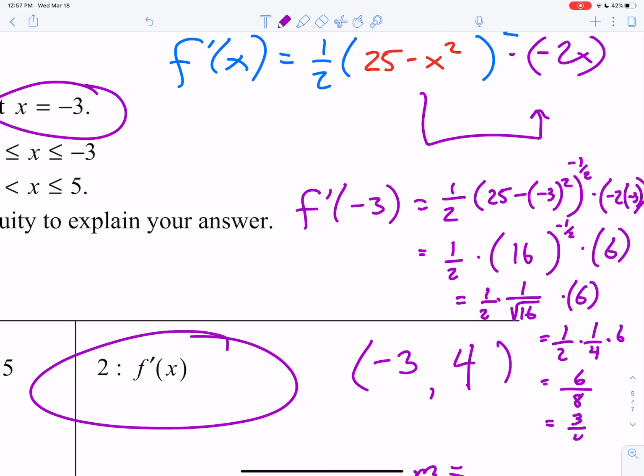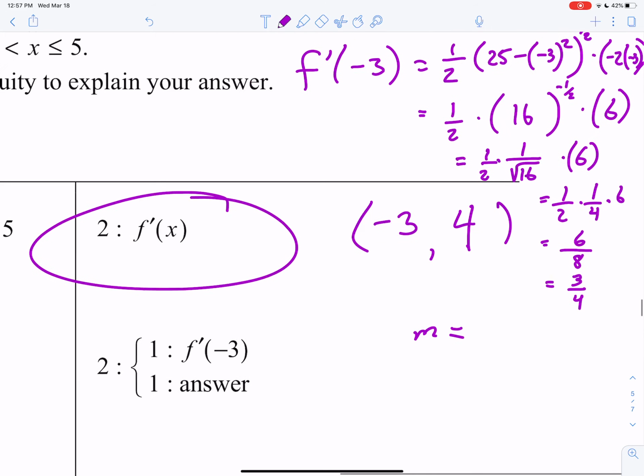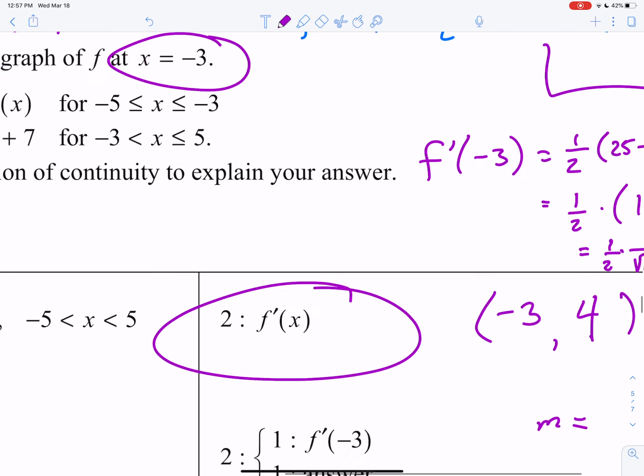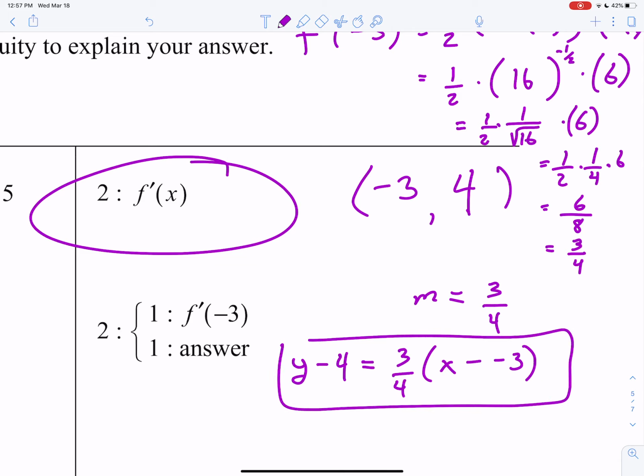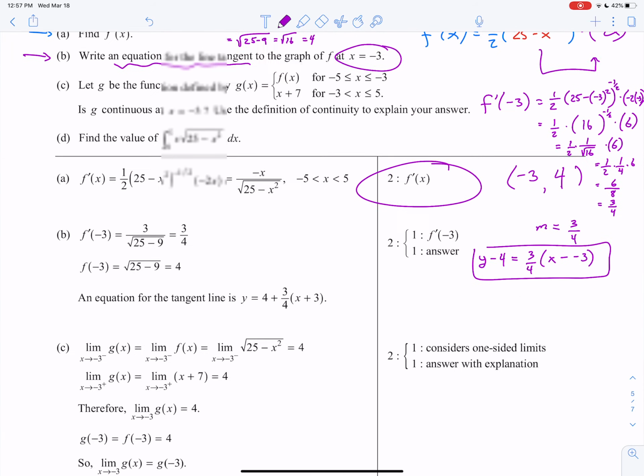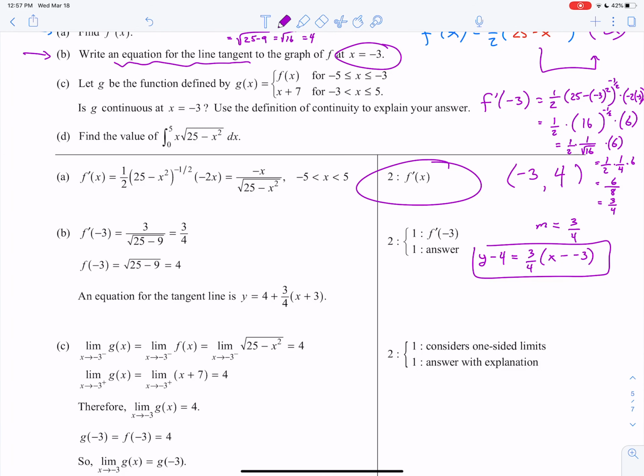So what I'm going to do is I'm just going to use the value just for the sake of cleanliness. We now know that the slope is 3/4. So the equation is just y minus y1, which is 4, equals the slope times x minus x1. You could put x plus 3 if you want to, but again, equal is equal. There you go. The scoring guidelines brought that -4 over, but you don't get any extra points for that, okay?